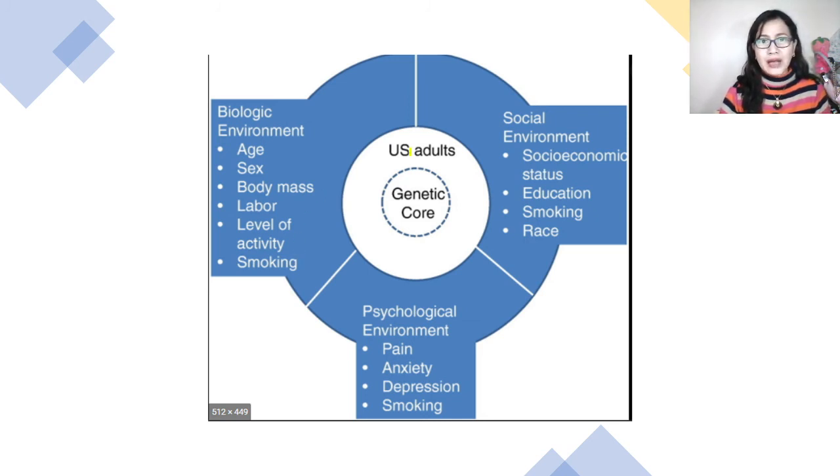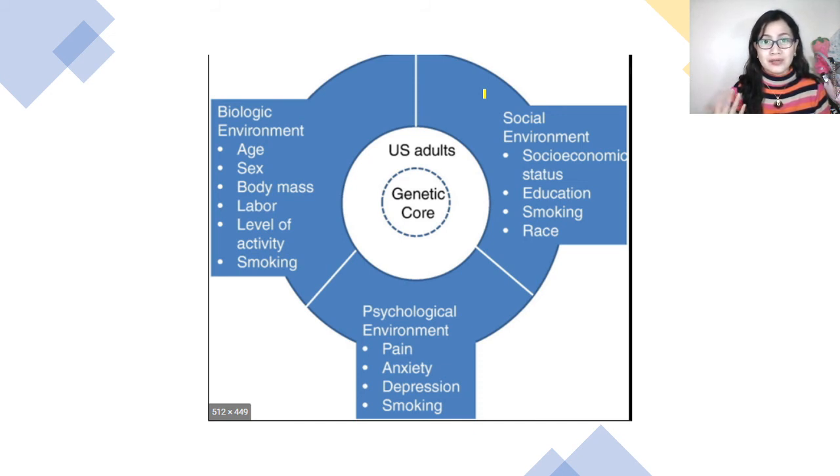Next, we have the social environment. It could be socio-economic status like family income, shelter, occupation, and education.